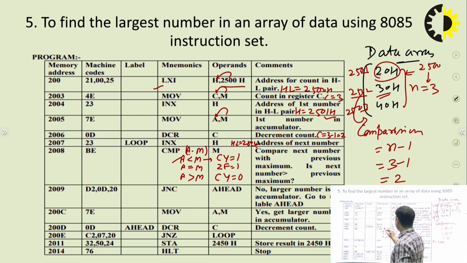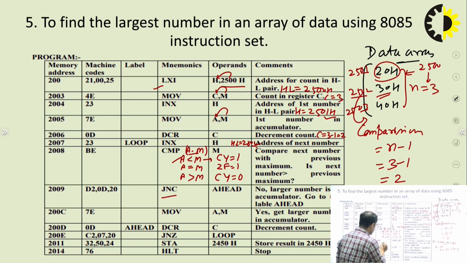So let's see A and M. In this case A is this one and M carries 30. So when we do A minus M, that is 20 minus 30, the carry flag will be 1, because the borrow is generated. Now let's see JNC, jump if not carry.